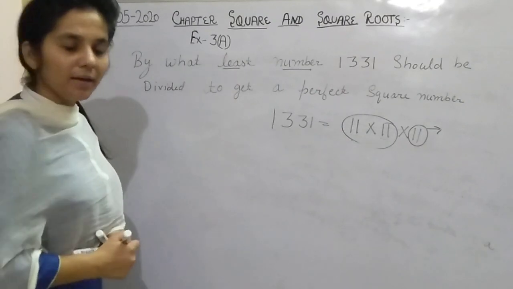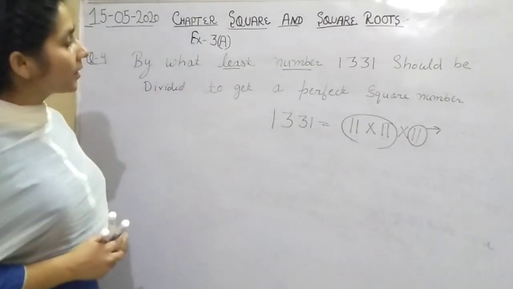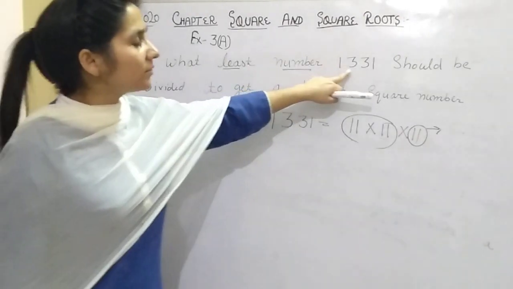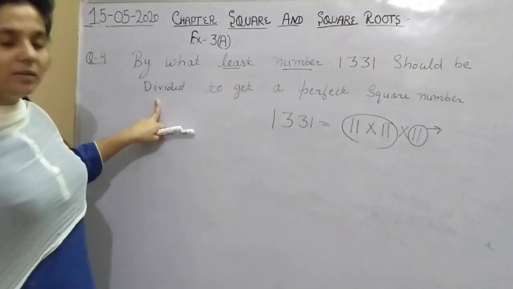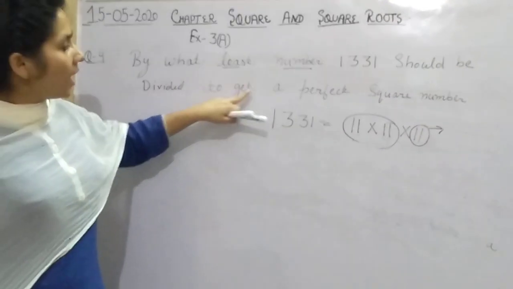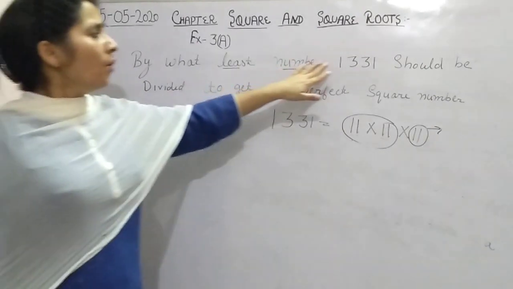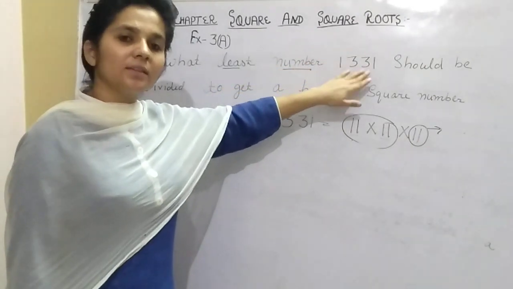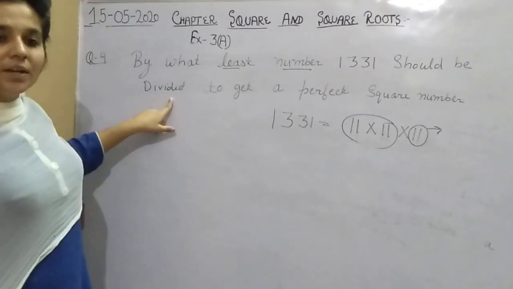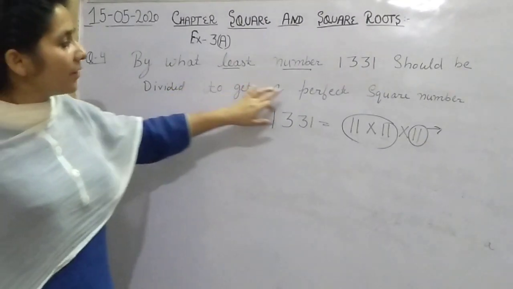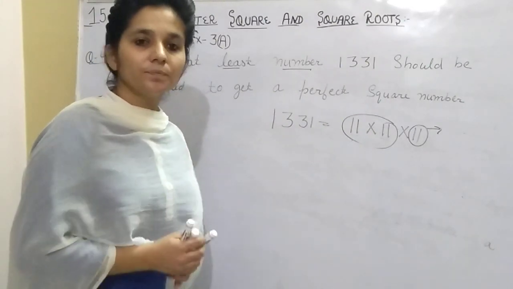According to the statement, by what least number should 1331 be divided to get a perfect square number?